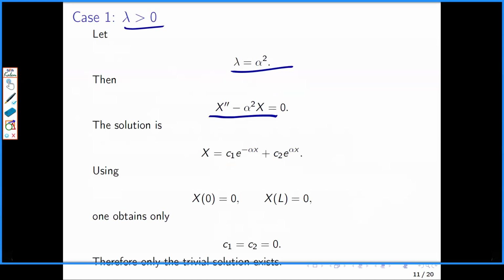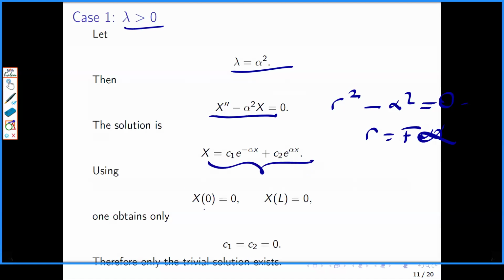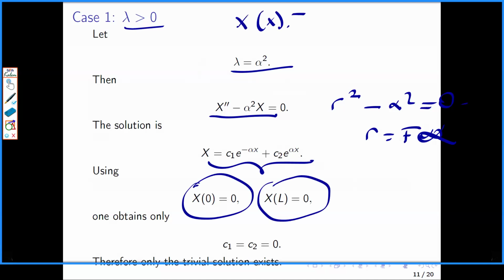We substitute alpha square in the characteristic equation. I write all the things here. We write the characteristic equation as r square minus alpha square is equal to 0, which means that r will be equal to positive and negative alpha, which implies the same solution here. By the boundary conditions, we get X(0) is equal to 0 and X(L) is equal to 0 by substituting X times T for the condition.